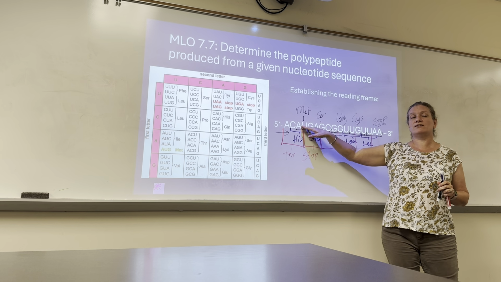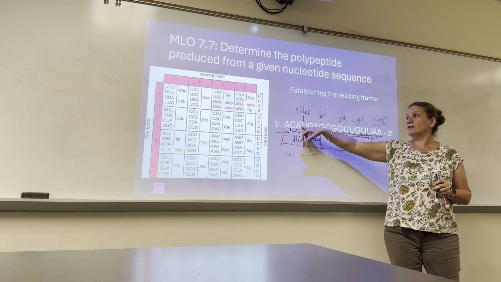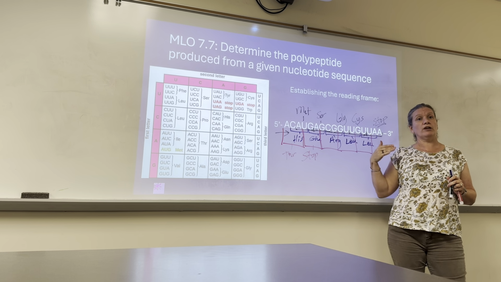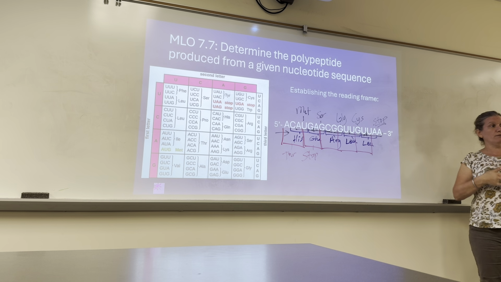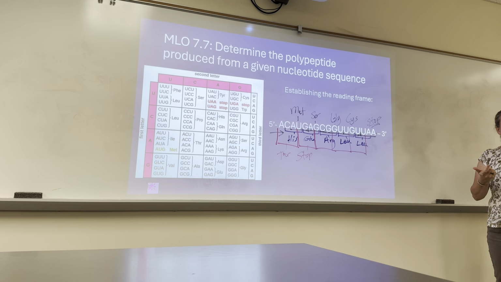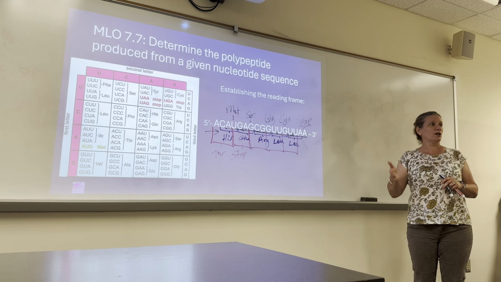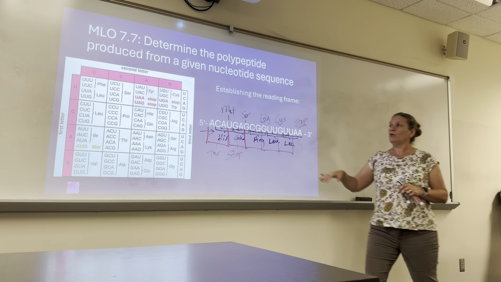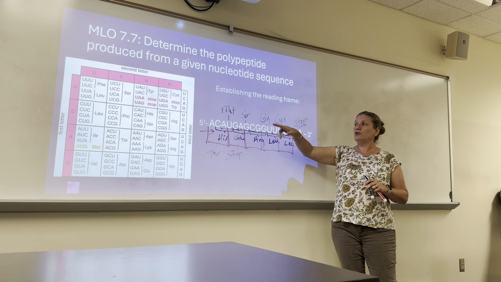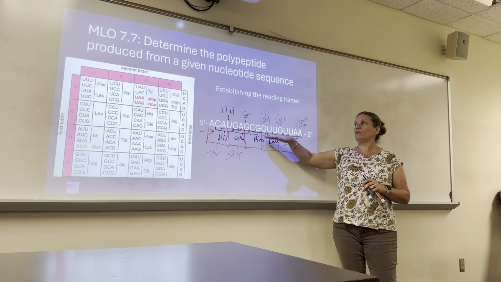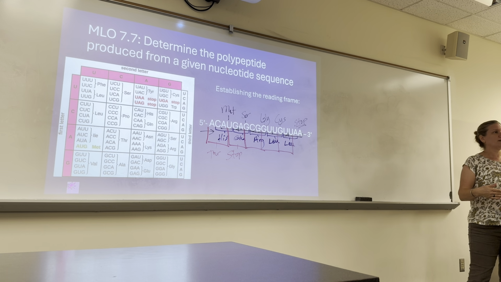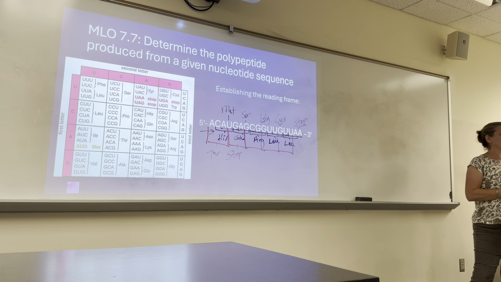Thus the importance of the ribosome identifying the first AUG on that transcript, because that sets up the reading frame. Because you have a codon consisting of 3 different letters, you need to know where you're going to actually start. With 3 nucleotides playing a role in our codon, you have a potential of 3 different reading frames, which clearly give you 3 very different outcomes depending upon where you start.